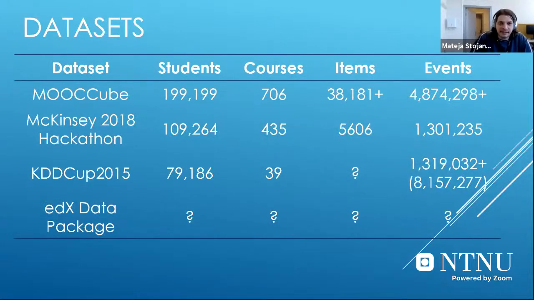Looking for data sets presented quite a challenge because finding the convenient or appropriate data set is pretty difficult. Aside from those listed here, there are a couple more data sets that I found in the meantime. I still have to do exploratory analysis, but I believe the one I will ultimately go with, at least in the beginning, is the second one here, the McKinsey 2018 Hackathon dataset, simply because it is very convenient for so-called collaborative filtering, which is used in recommender systems.